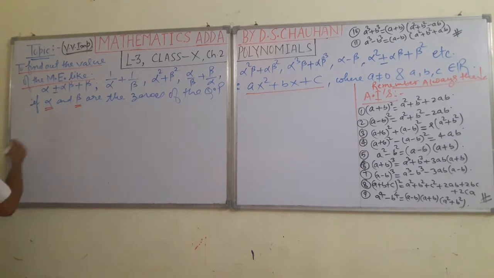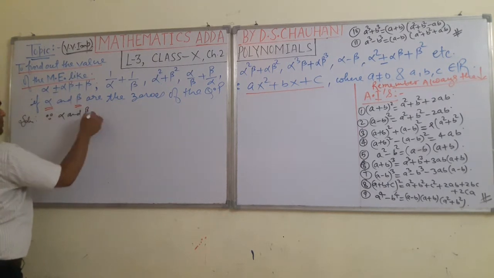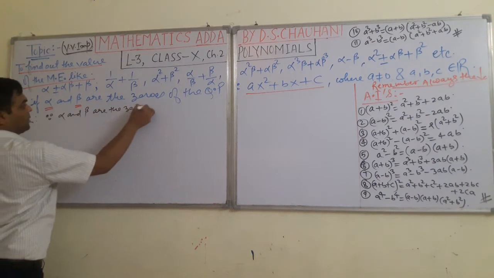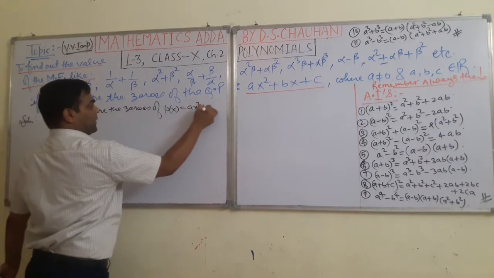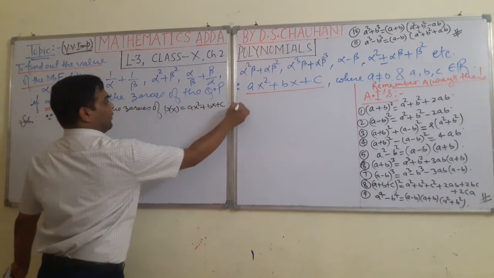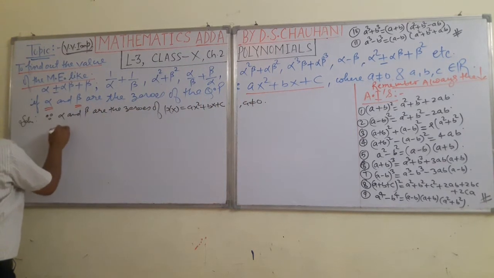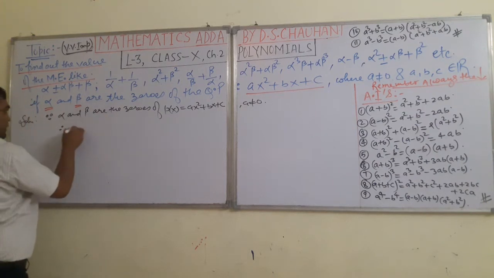So, solution: since alpha and beta are the zeros of ax square plus bx plus c, where a is not equal to 0, therefore we know the formula related to it.